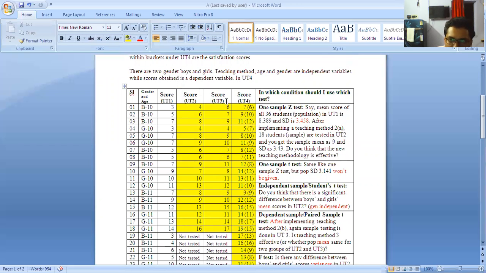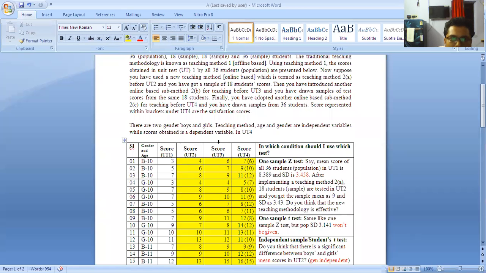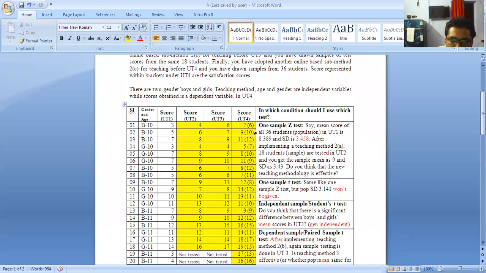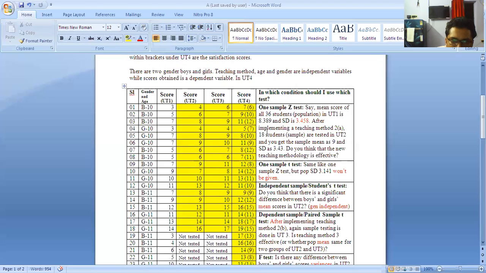And finally you adopted another online-based sub method, 2C, before unit test 4, where you drew samples from 36 students.